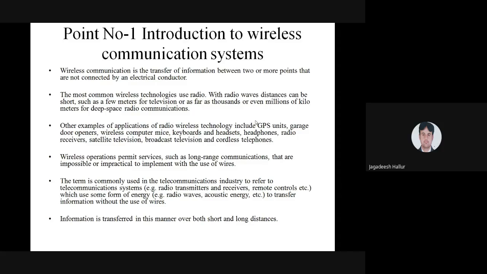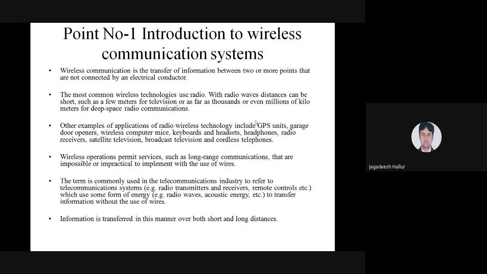With the use of some form of energy, that is, we are using radio waves, electromagnetic waves, and one more energy, acoustic energy, to transfer information without the use of wires. In this point, what he has mentioned is that they are using some energy to transfer information from one point to multiple points.